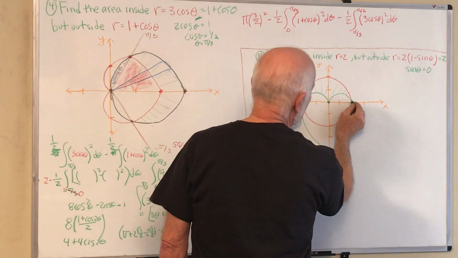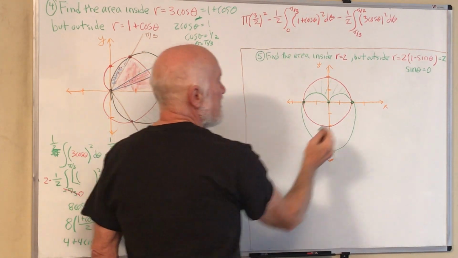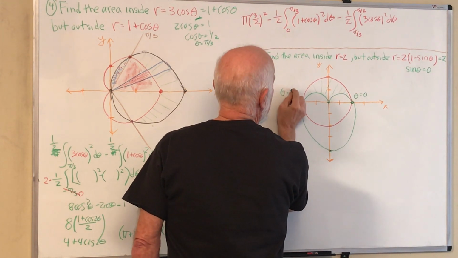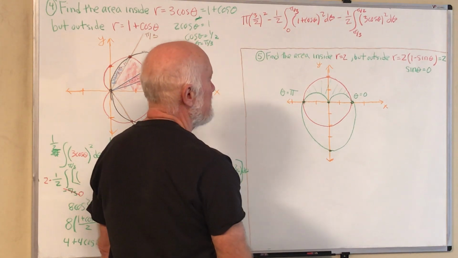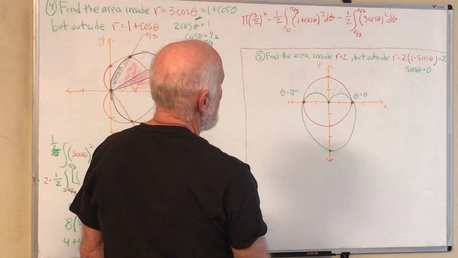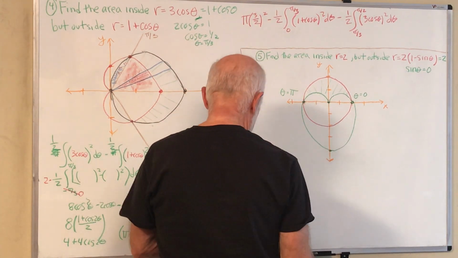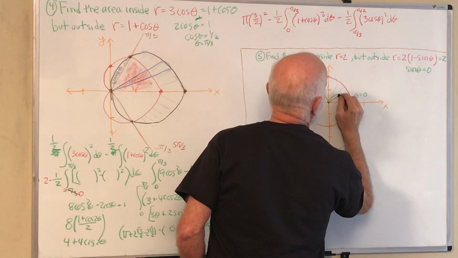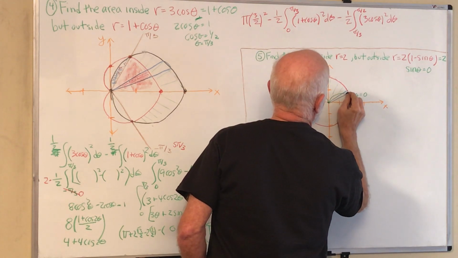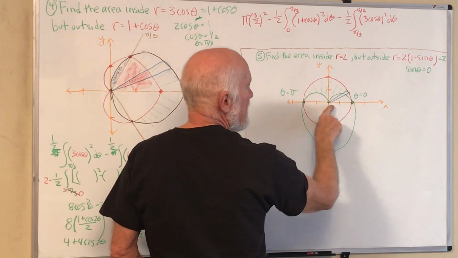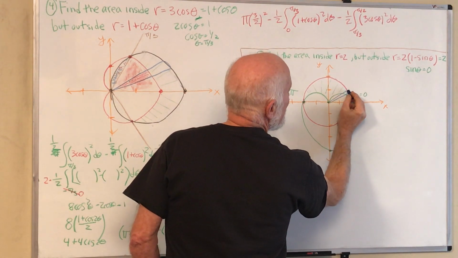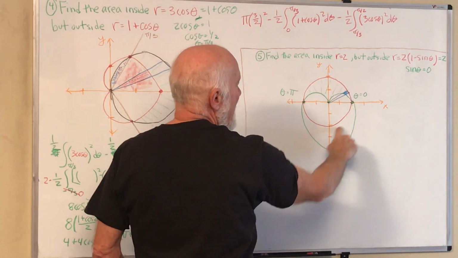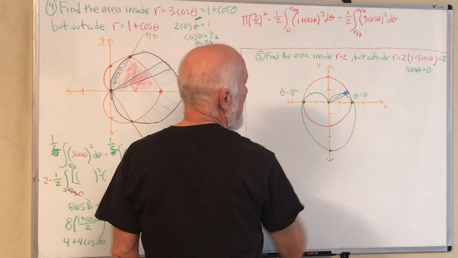So not only does it look like it, but this was at theta equals 0, and this is at theta equals pi. So if I want to draw in my pi, it's going to look something like this. And you can see that pi that we're looking for is right at the end here. So it's the big pi minus the little pi.